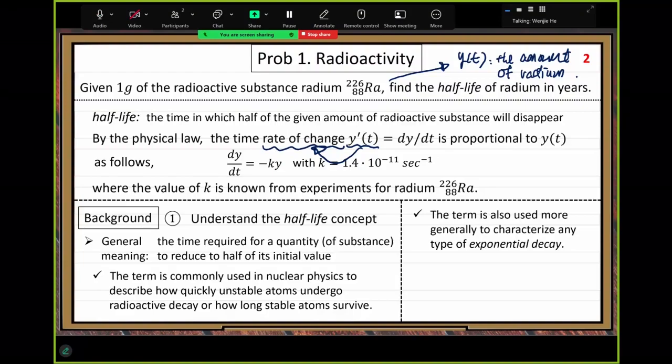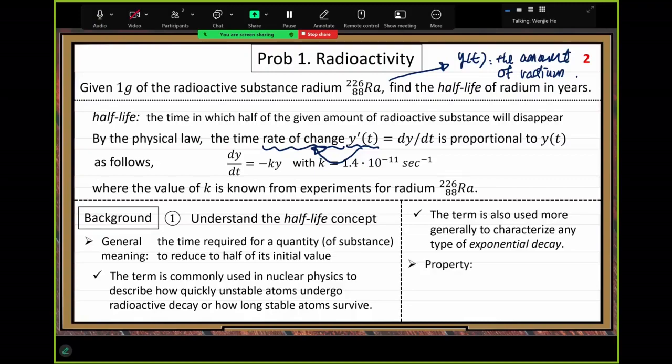Later we will see a different example. The context is completely different, but we can still use the analogy of the half-life concept.